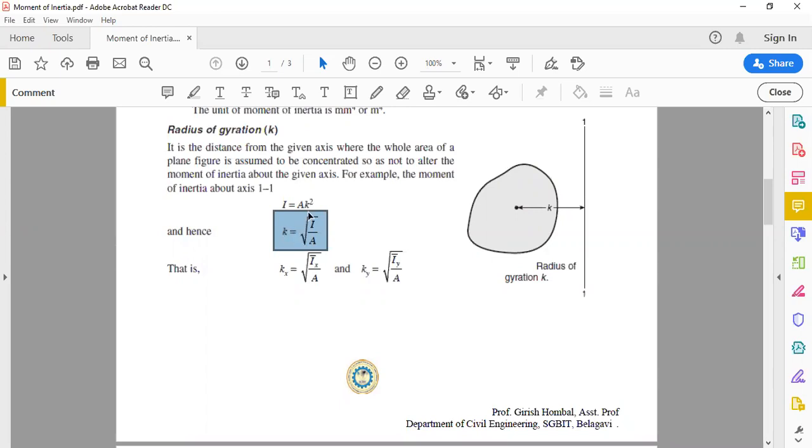Now again, this radius of gyration can be calculated with respect to both the axes, that is with respect to x-axis and with respect to y-axis.